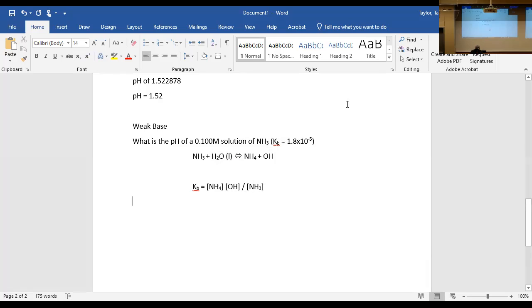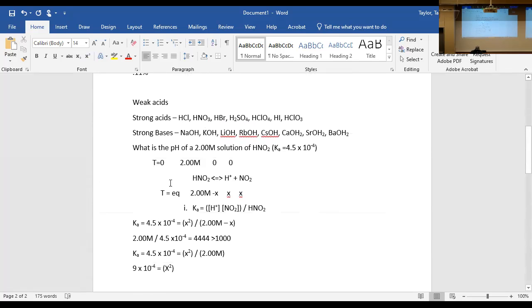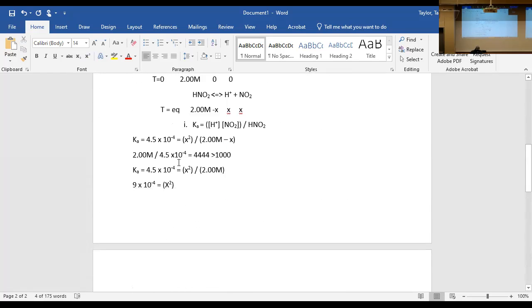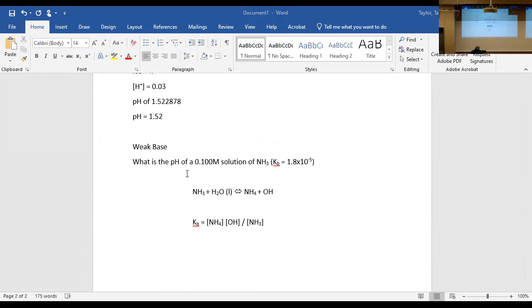All right, and then we go back and we do what we did earlier, where you start at T0 and you put in what your values are, then T equilibrium to see how much they changed. 10 minutes left, we gotta hurry. Okay, so it's 0.100 molar. The water drops out.